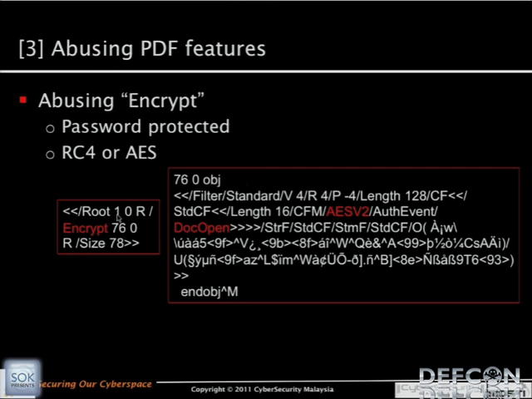For example, /Root has a dictionary, Encrypt, which points to object 76 over here. If you take object 76, its declaration says it is going to be encrypted with AES encryption.